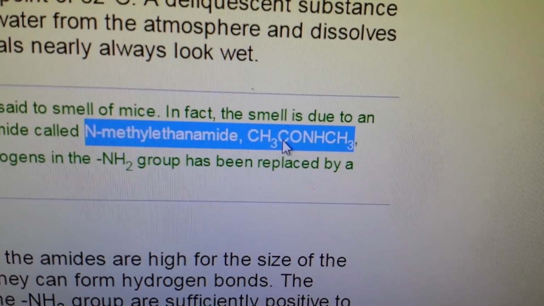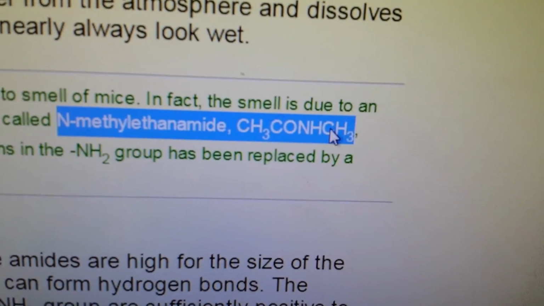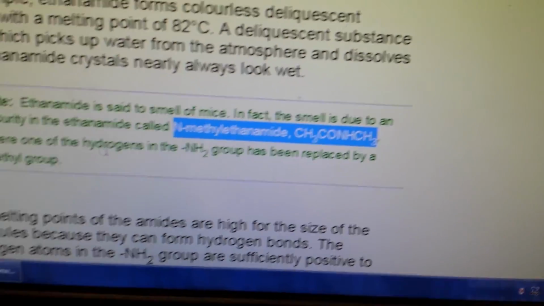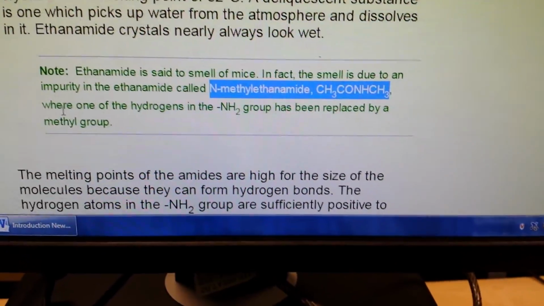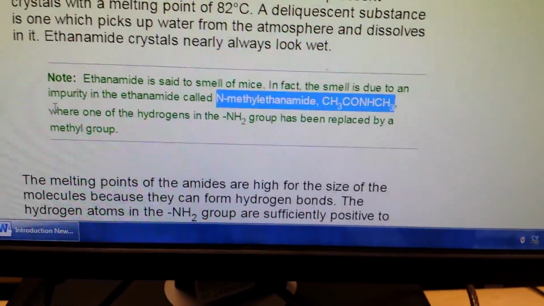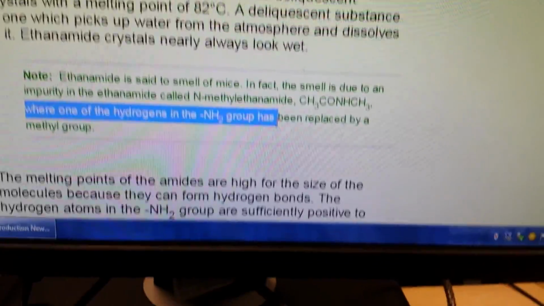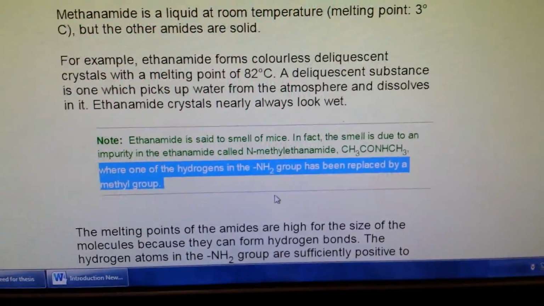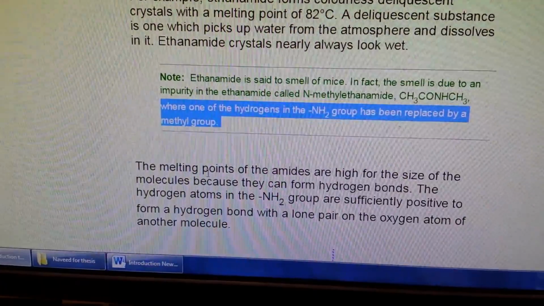Ethanamide because it has 2 carbons, but because there is 1 methyl group on the nitrogen, you can see, it is N-methylamide. Due to that one, it is called the smell of mice. There is an impurity here where one of the hydrogens in the NH2 group, as I told you, has been replaced by a methyl group. That's the only thing that happens here.